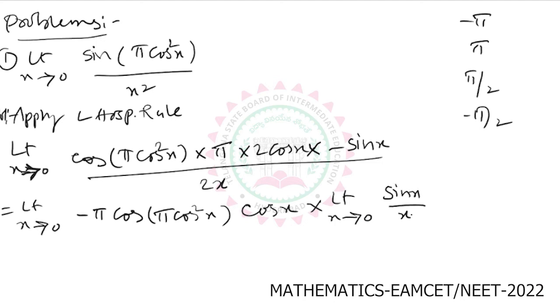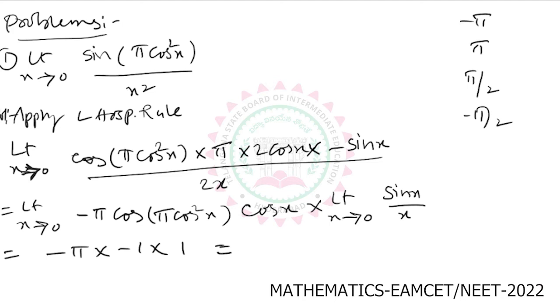Now if I apply the limit, cos 0 is 1, right? So this is minus pi, cos 0 is 1, into cos pi, which is minus 1. So this is minus pi into cos pi, which is minus 1, into sin x by x, which is 1, so equal to pi into 1... minus into minus is equal to plus pi.